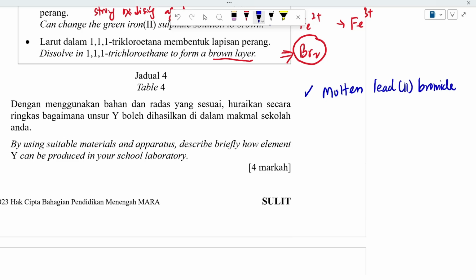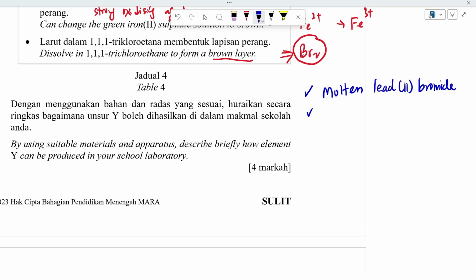But if you don't want to use the molten state, you can use a solution. So what solution can you use? Potassium bromide. But you need to mention what, so that the bromide ions will be selectively discharged? You get what I mean?